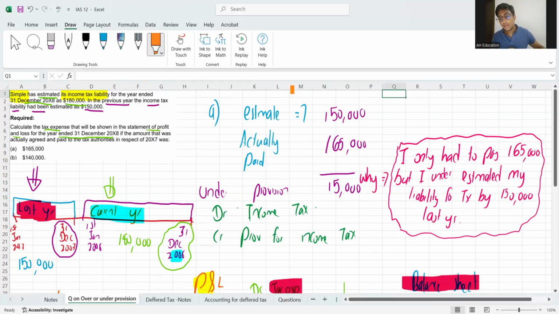See here, for my last year, which ended on 31st December 2007, I expected that I need to pay the government 150,000 only. That is what I expected. But actually, after the year end, after 3 months, when I'm making the real-time payment, I found out I did not need to pay 150,000.